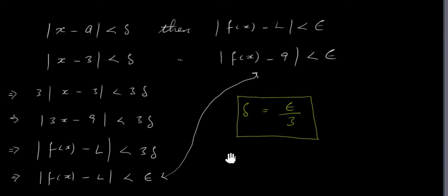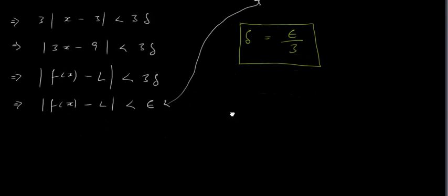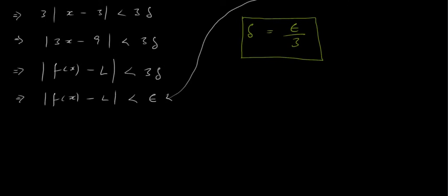So how does that actually work? We've done the proof. Let's say, for example, you say, well, I want to be within 0.5 of the limit. I want to be within 0.5 of 9. That means the epsilon will be 0.5.